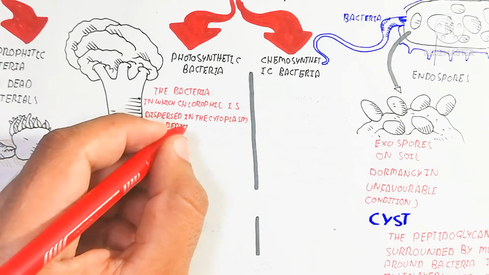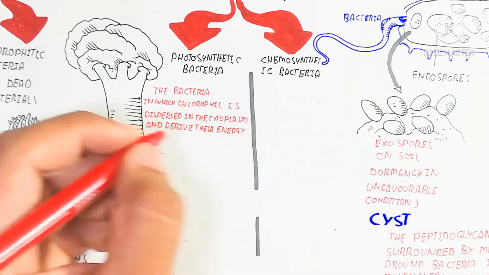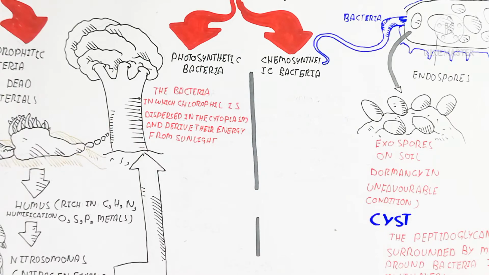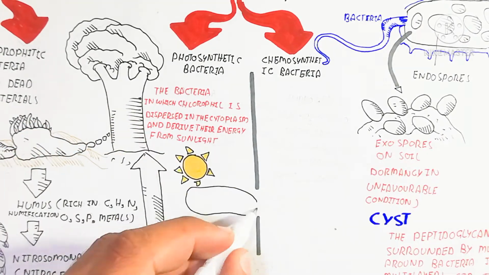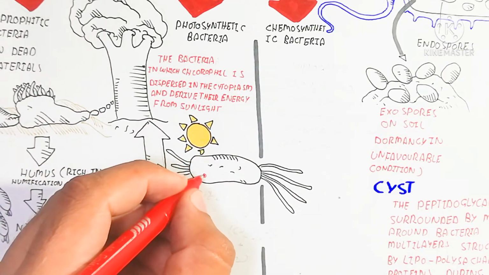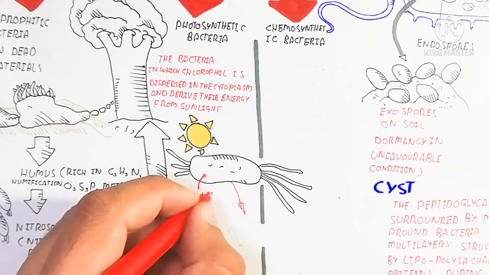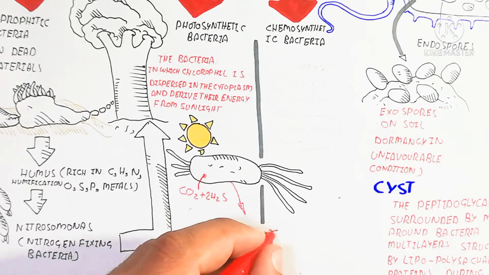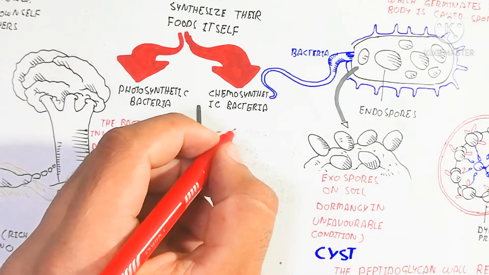The sunlight is used, after fixation of carbon dioxide and hydrogen sulfide, to produce glucose, and the byproducts are sulfur and water. Again, these bacteria have chlorophyll dispersed in the cytoplasm and derive their energy from sunlight.